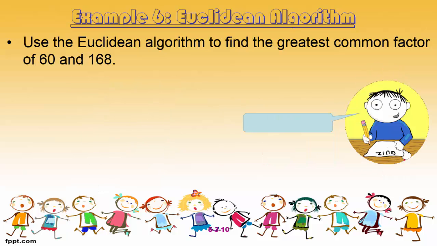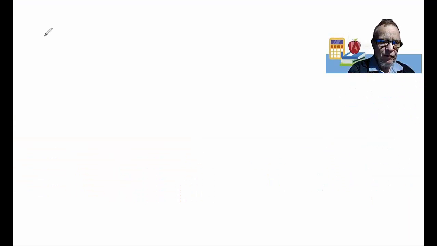In example number 6, we're asked to use the Euclidean algorithm to find the greatest common factor of 60 and 168. So let us go over to the whiteboard and work this one out. In example number 6, we're asked to find the greatest common factor of 60 and 168.